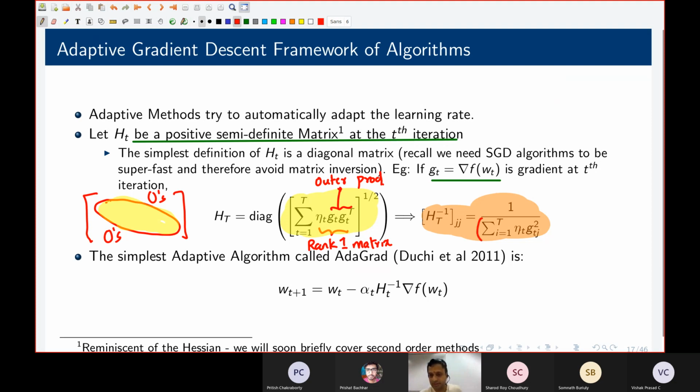I think this summation is raised to half. Yeah, good. So Adagrad is the simplest adaptive algorithm. So now the adaptation is in what alpha t you have. You still have alpha t, but you're not over dependent on alpha t now, thanks to your curvature matrix HT or its HT inverse.